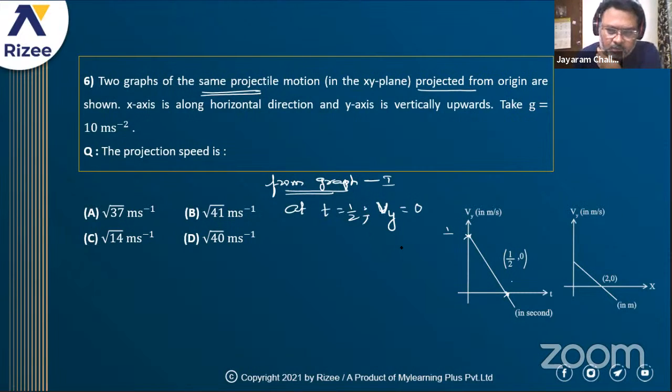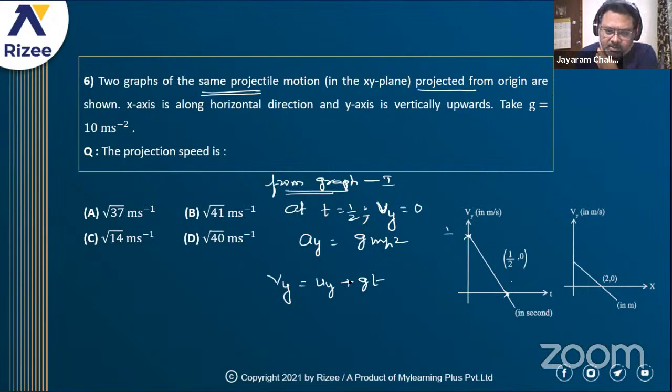Since Vy is equal to 0 here, the acceleration along the y-axis should be equal to g. Let us substitute in the relation Vy is equal to uy plus gt along the y-axis.